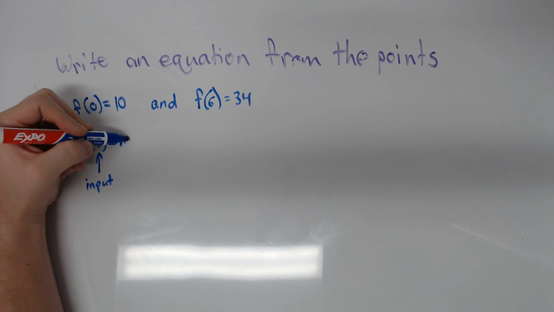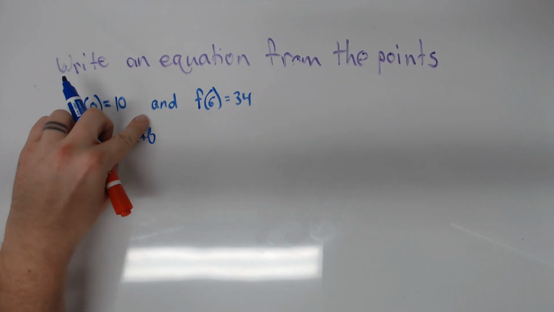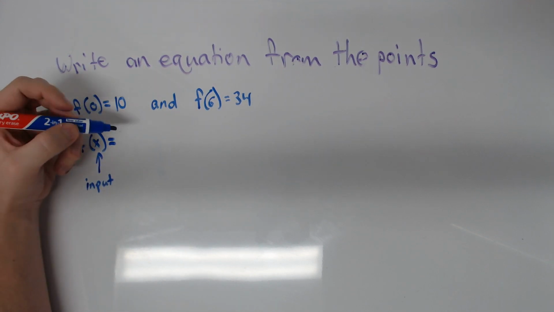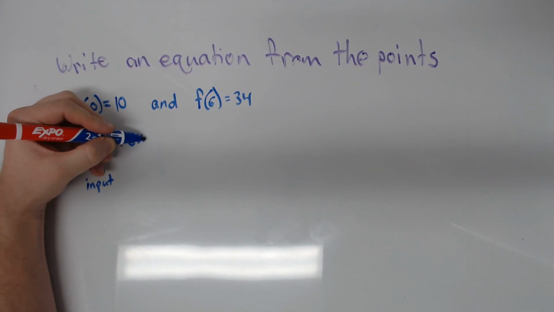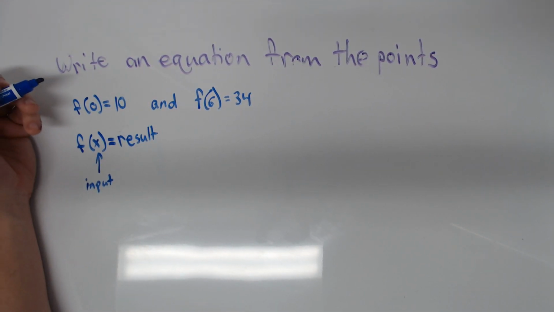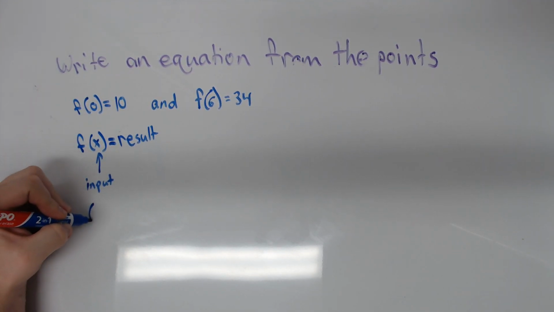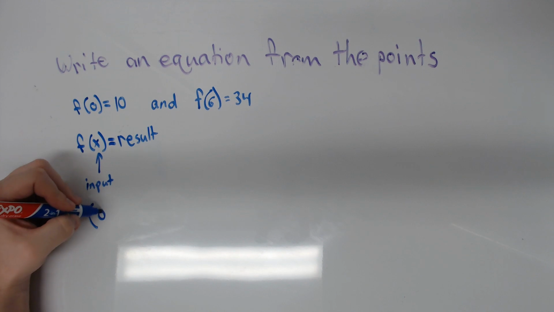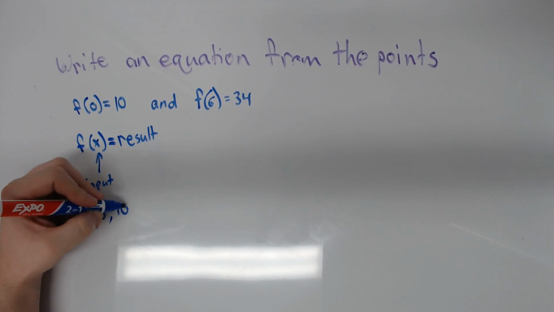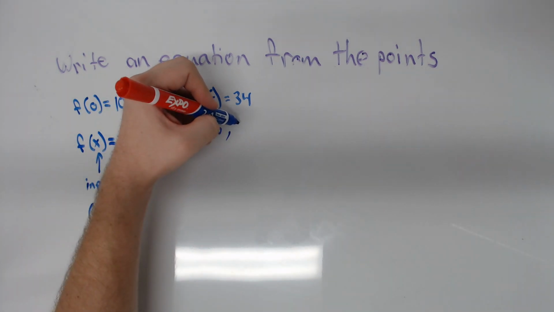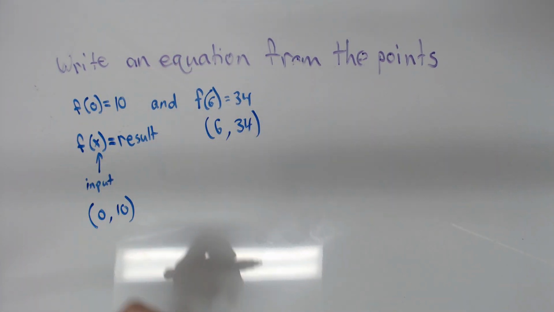It would be like mx plus b. And then we would actually solve it. And when we're done solving it, this would be the result. So essentially what happens here is this f of 0 equals 10. 0 is the x value, 10 is the result, or the y value. So it's really just x comma y disguised under function notation.